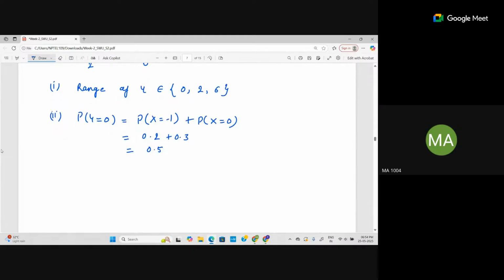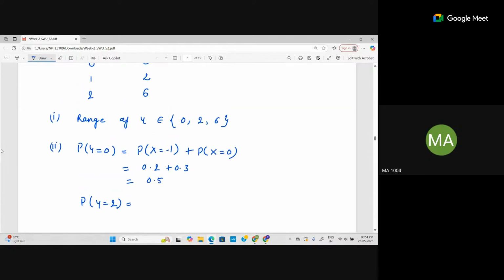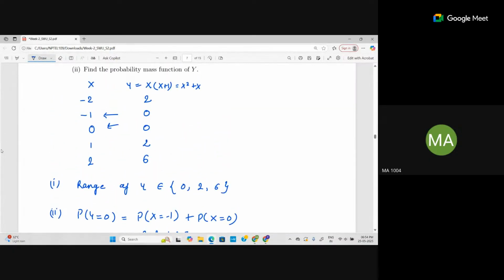Now the next is we have to find when y is taking value 2. So again we will consider all the cases of y equal to 2. Okay, so we have to add -2 and 1.